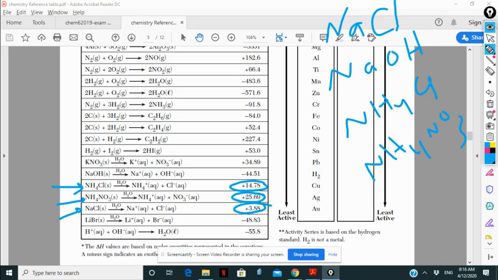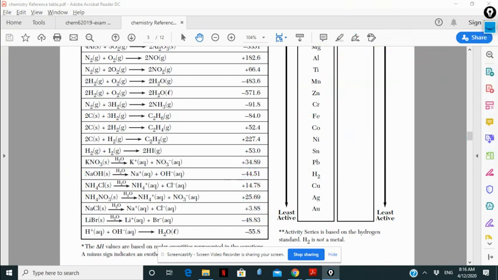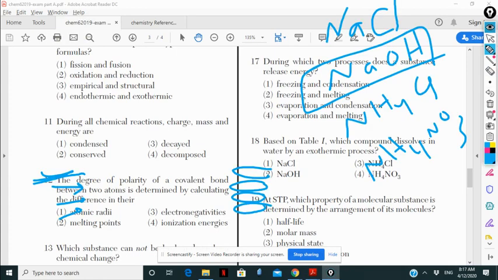Now sodium hydroxide, NaOH, is giving me negative. So that's the only one that's releasing energy, sodium hydroxide. So question number 18 must be 2.